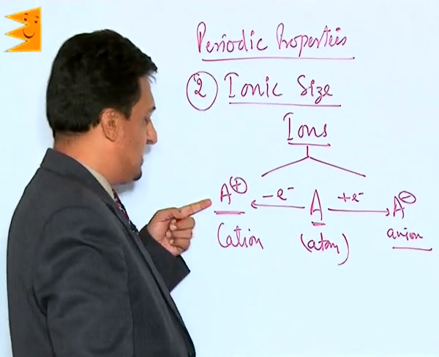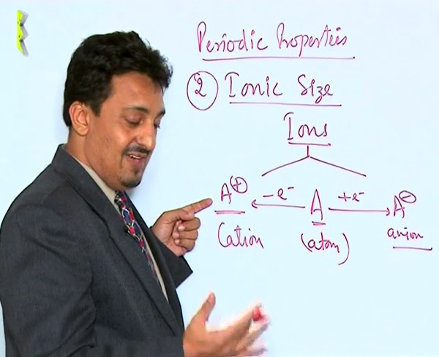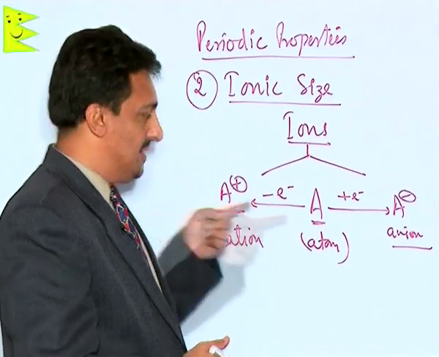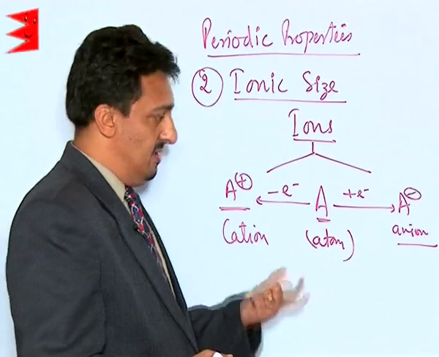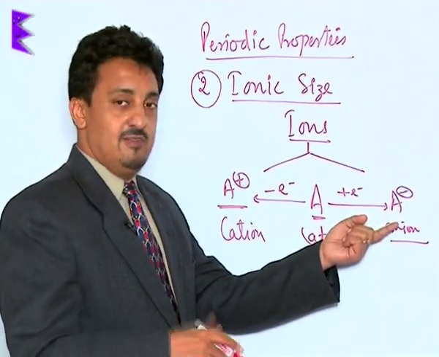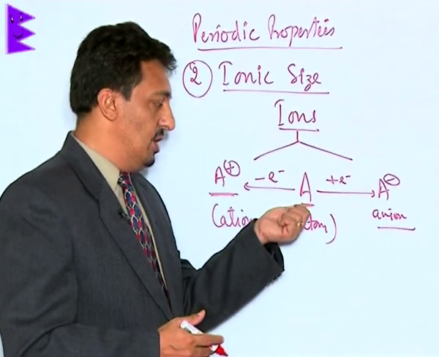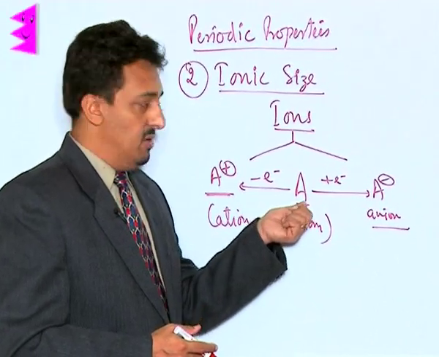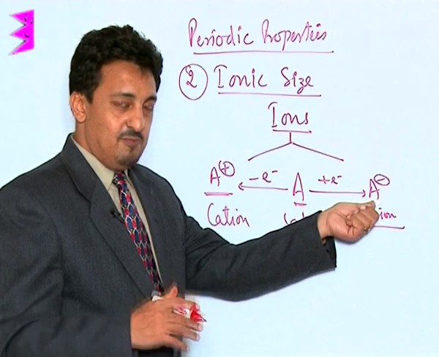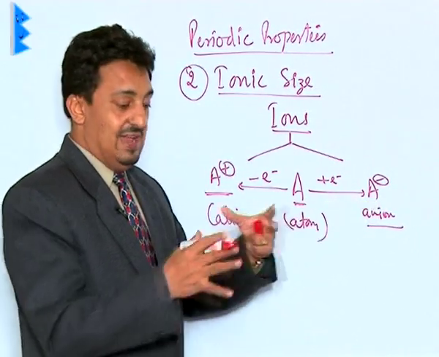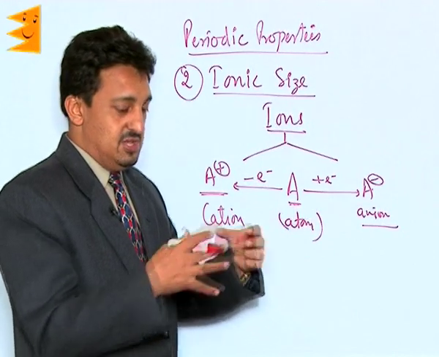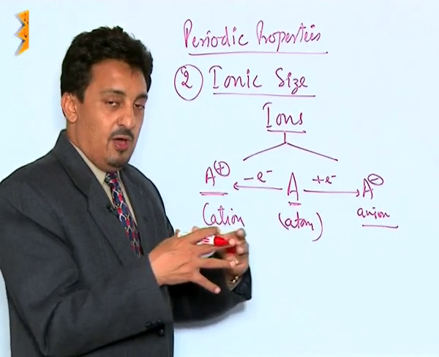Now, in the case of a cation, the number of electrons is less than in the usual atom, so the nuclear pull is higher. Whereas in the case of an anion, the number of electrons is more than in the usual neutral atom, so the nuclear pull on these electrons is less. Moreover, they have more inter-electronic repulsions, due to which the electrons go away from each other.